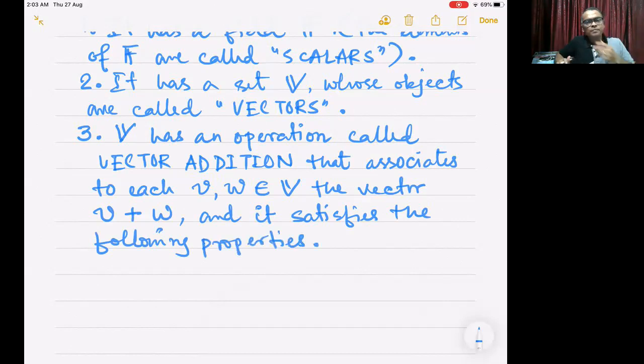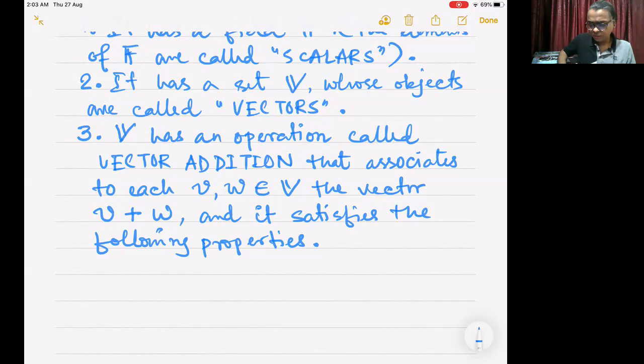So for every pair of elements v and w in the set V, v plus w is another vector, another element from the set V. So V is closed under addition, whatever way this addition might be defined.